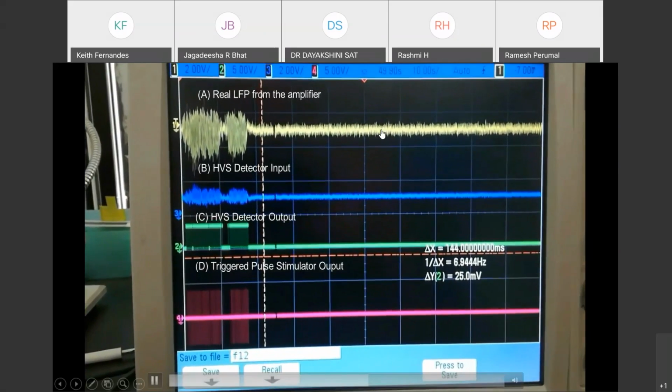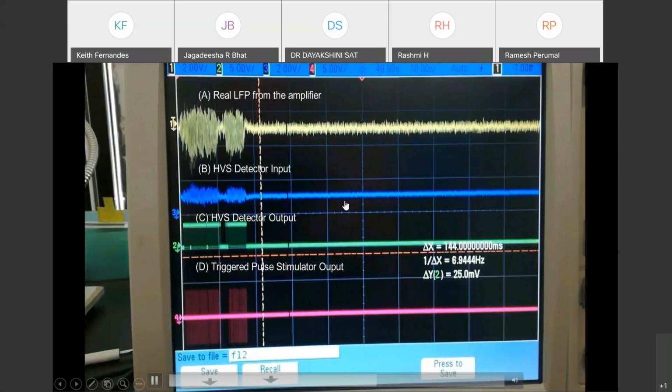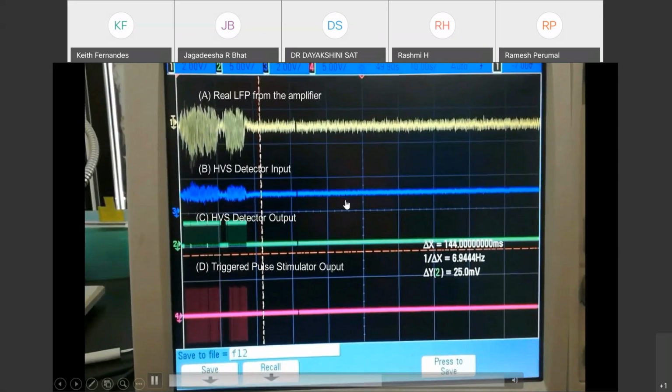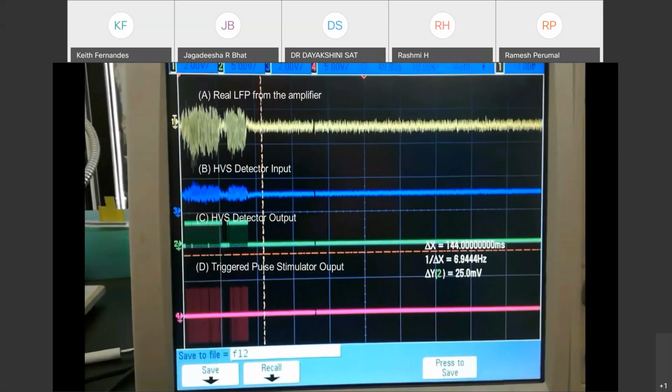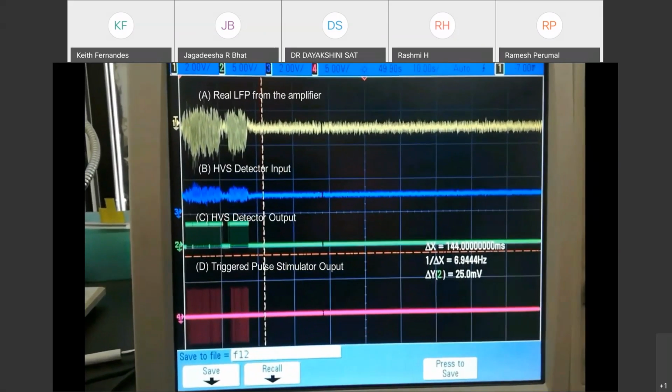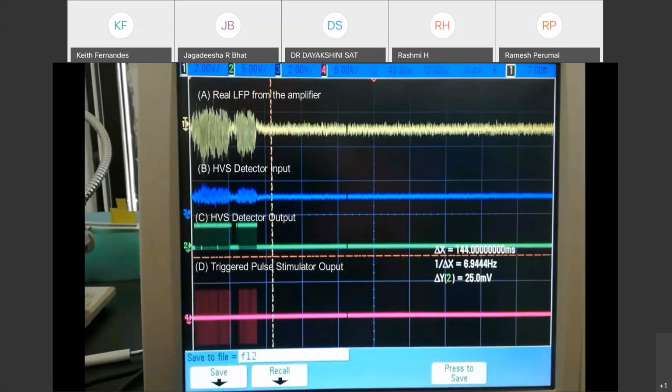These are the real raw LFPs recorded from the Parkinsonian rat. And this is the rescaled LFP, the output of the microcontroller. The output of the microcontroller is used as a trigger to the pulse stimulator, so that on detecting the high voltage spindle, the stimulator is turned on.